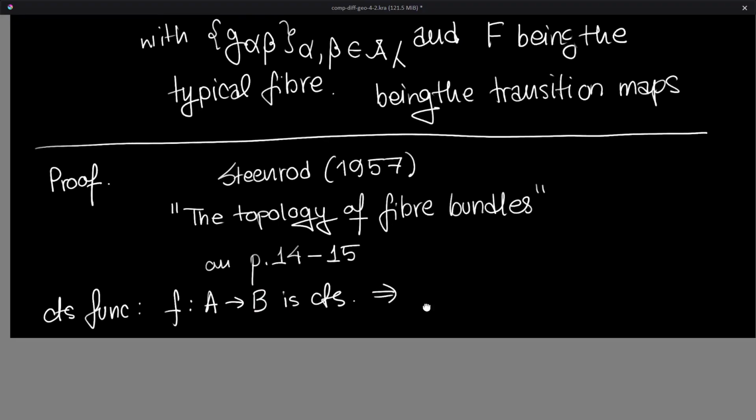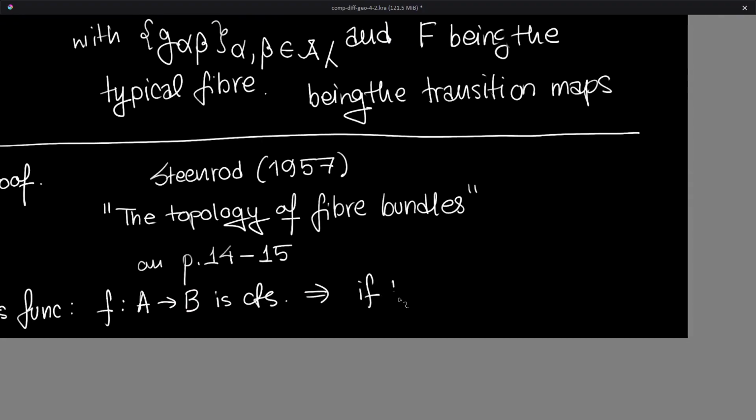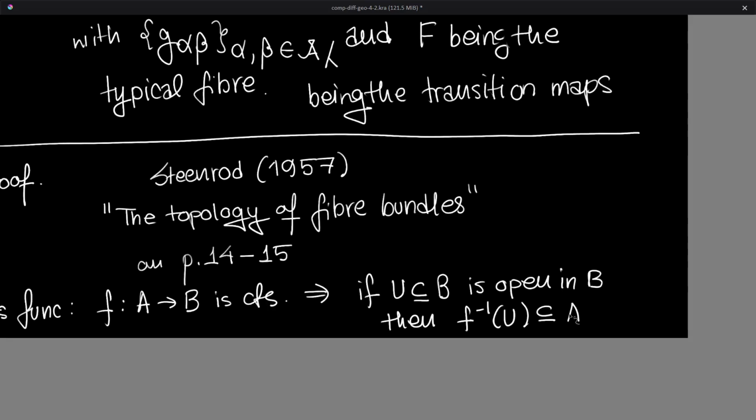That implies that if U, a subset of B, is open in B, then f inverse of U, a subset of A, is open in A. That's what it means for a function to be continuous.